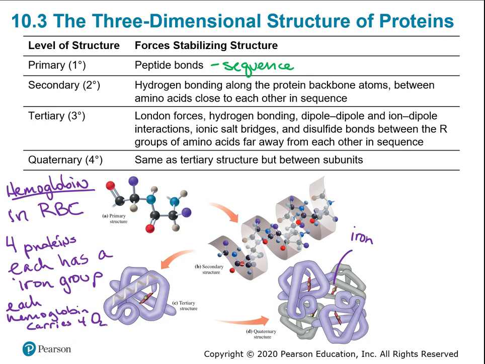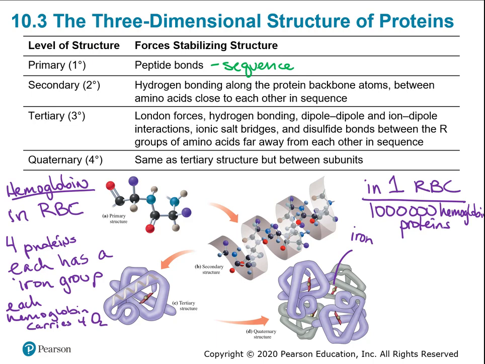So 1 hemoglobin protein can carry 4 oxygens. 1 red blood cell has about 1 million hemoglobin proteins. So that means 1 red blood cell has the ability to carry 4 million oxygen atoms, which just seems crazy. It seems like an awful lot when you think about 4 million in 1 cell.